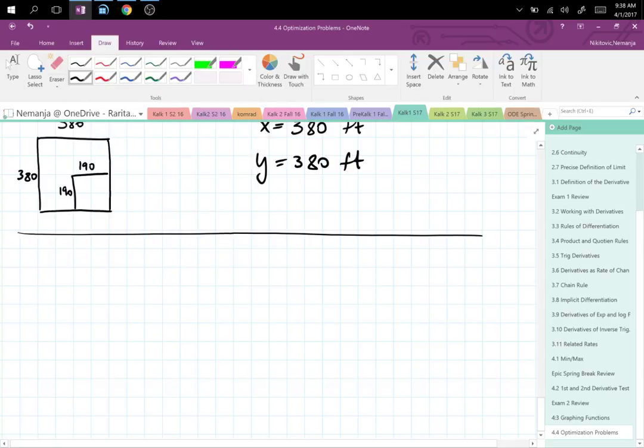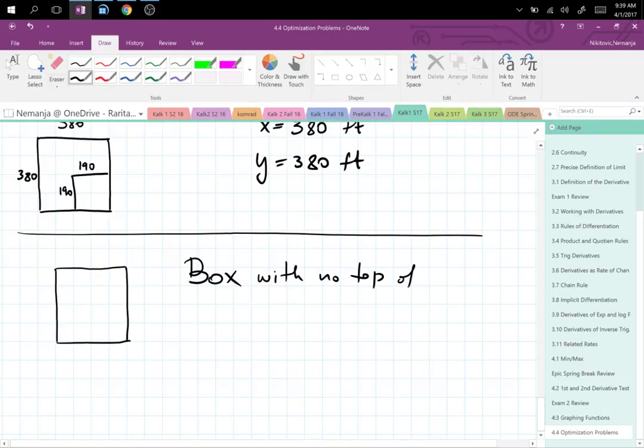So let's take a look at the calculations you guys did correctly to make these boxes. What we have is a piece of paper that is square. I'll do it right now. So you have a square piece of paper, and you want to make a box with no top, of max volume, right?